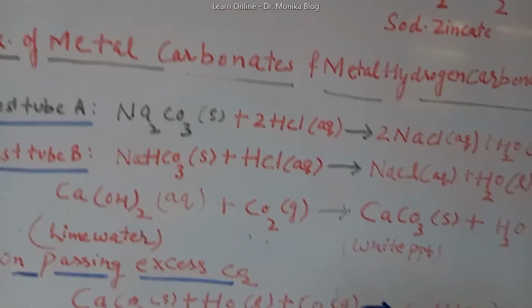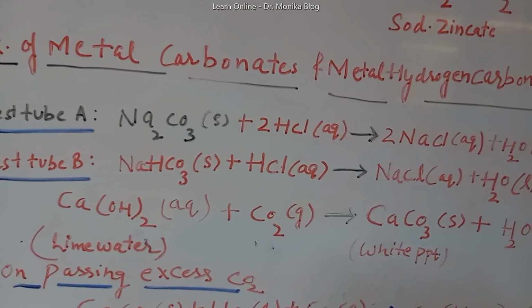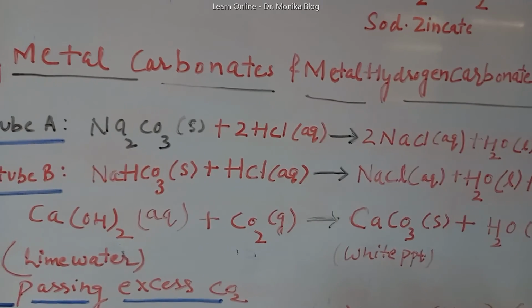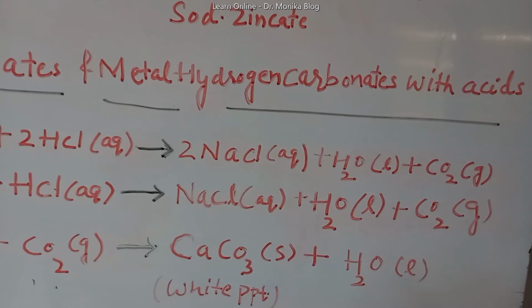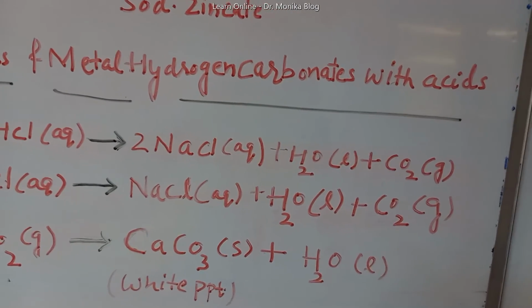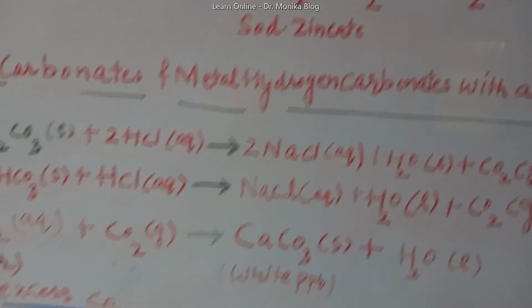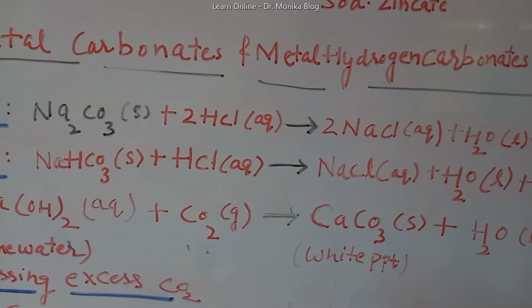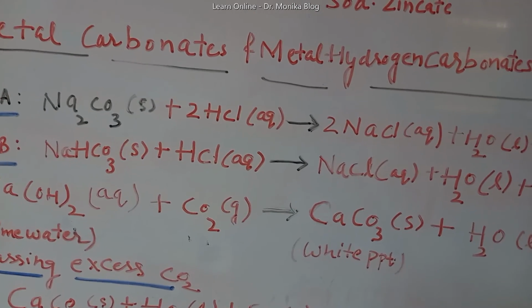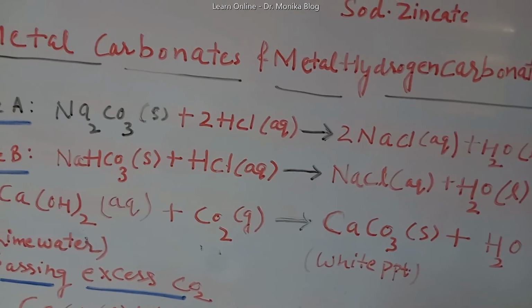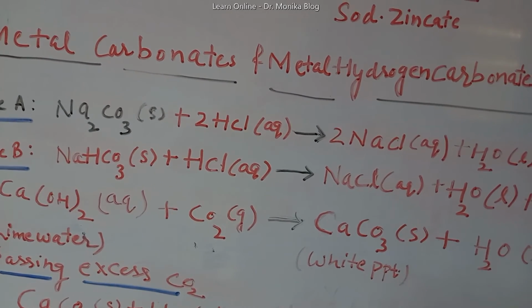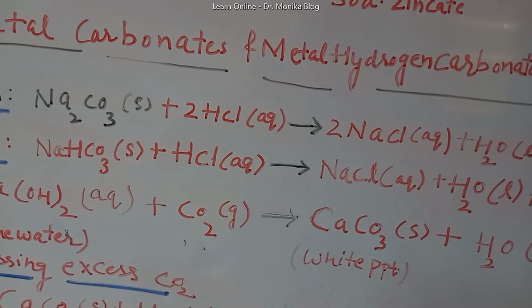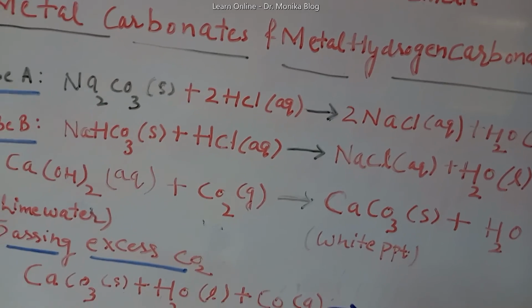The second reaction that takes place in test tube B is NaHCO3 plus HCl, which will form NaCl plus water plus carbon dioxide. So this is the change we will observe: release of gas, which is carbon dioxide.